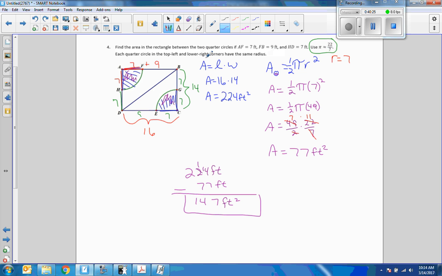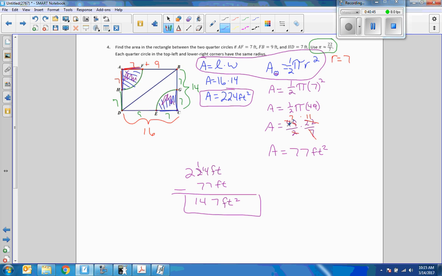Right? I can't stress enough that when you're doing these problems, you need to show all of your work. You need to write formulas, substitute and solve, nice and neat. The A lines up, the equal sign lines up, the substituted pieces line up, and we get a nice, neat answer. Same with this.